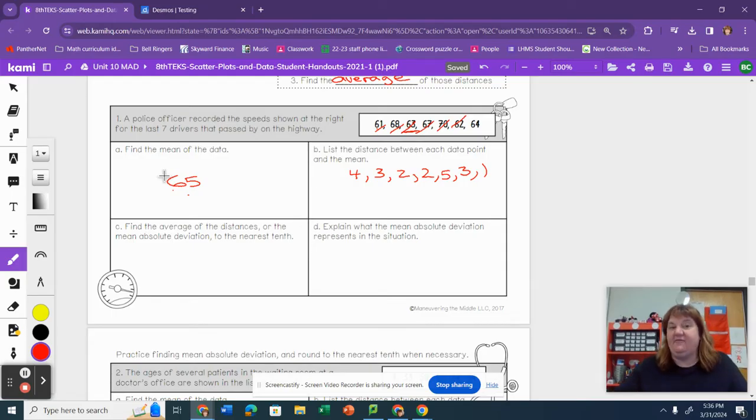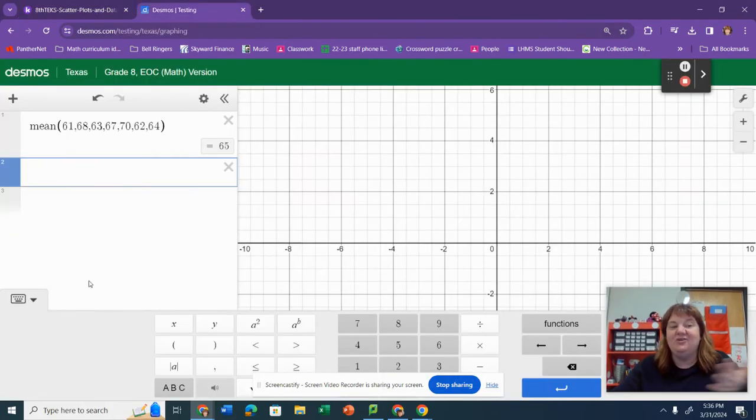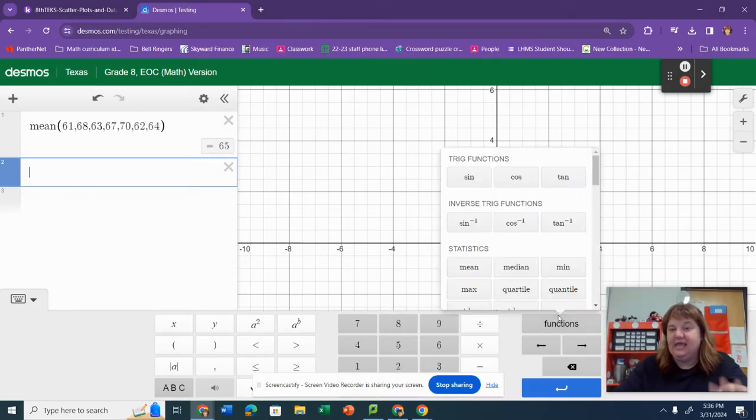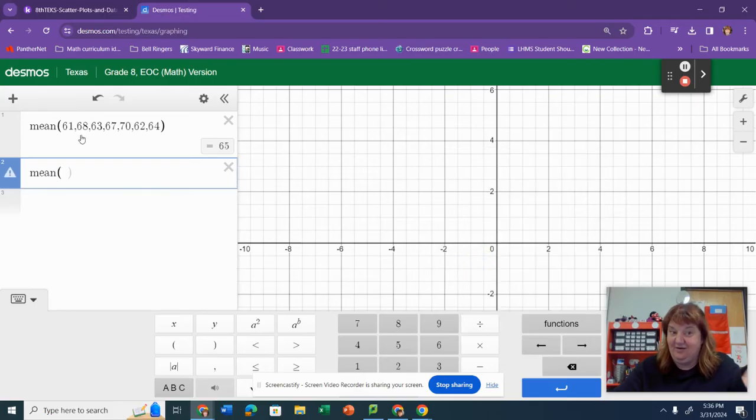Now we're going to find the average of that data. I usually just do it straight from here. If I know the mean is 65, now I'm going to do mean again. 61 from 65 is 4, and then 3, and then 2, and then 2, and then 70 is 5, and then to 62 is 3, and to 64 is 1.